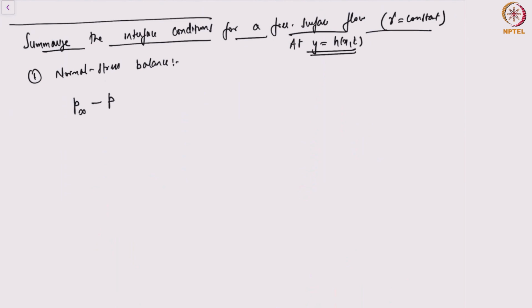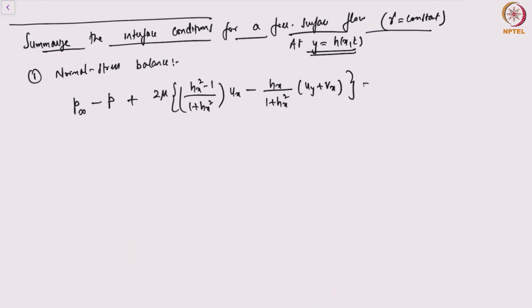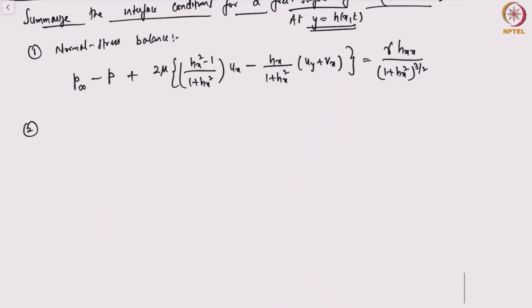So P infinity minus P plus 2 mu times hx square minus 1 by 1 plus hx square ux minus hx by 1 plus hx square uy plus vx will be equal to gamma hxx by 1 plus hx square whole power 3 by 2. That's the first condition.